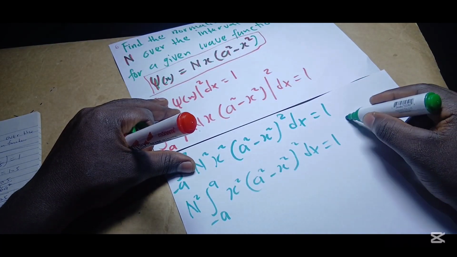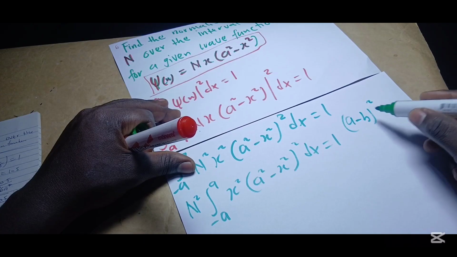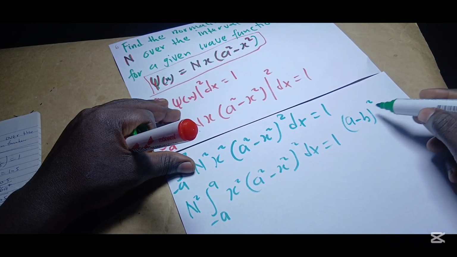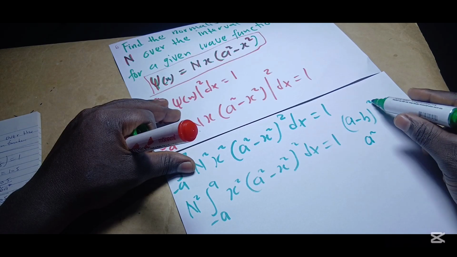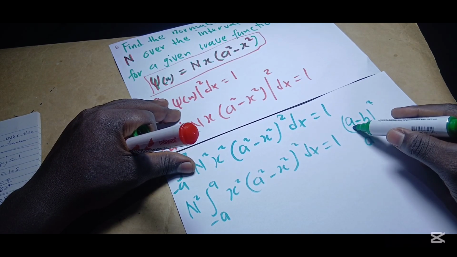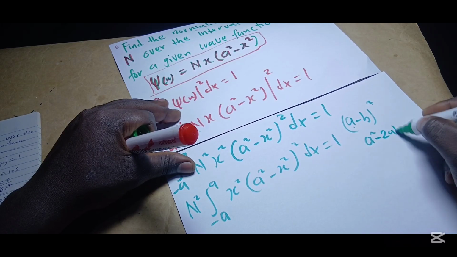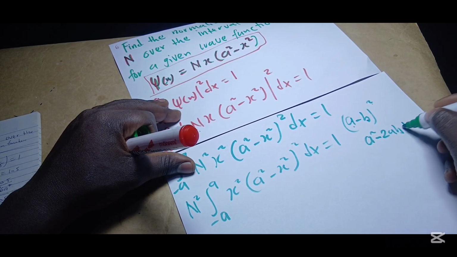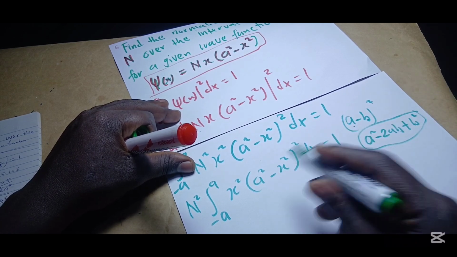From basic mathematics, if we have a minus b to the power 2 and we want to simplify this, first of all, we square the first term, which is a squared, then multiply the power by both terms. So 2 multiplied by a multiplied by minus b is going to give us minus 2ab. Then squaring the last term, which is b to the power 2. So let's apply this idea here.